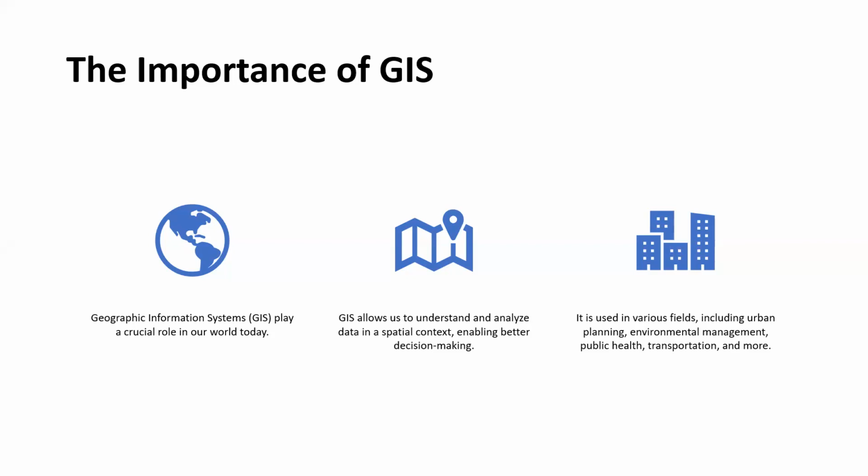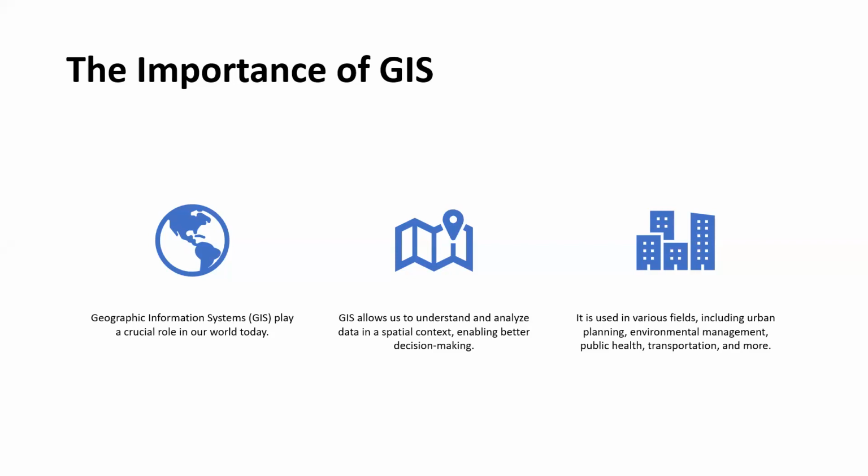But when we realize that there is location attached to this data, then we can make use of it, and it will definitely help us to make better decisions. So it is used in various fields, like I said earlier, practically all fields. It's only if you don't know the aspect of GIS that you can incorporate into your field yet. But at the end of this session, you can always meet me. I can check your project, see what you do, and make my own contribution on how GIS can improve what you do.